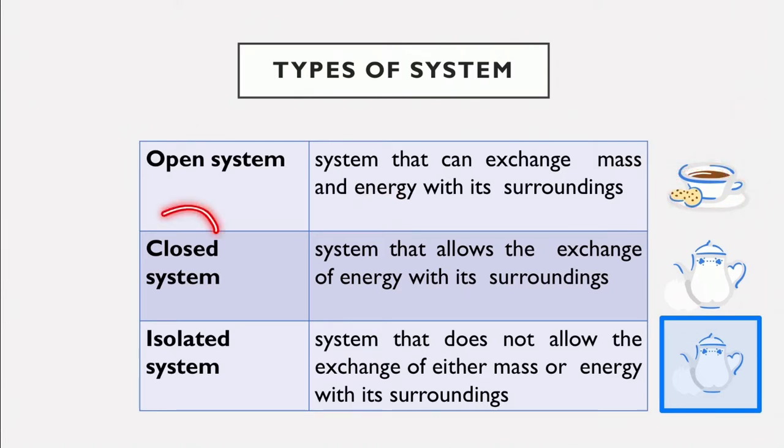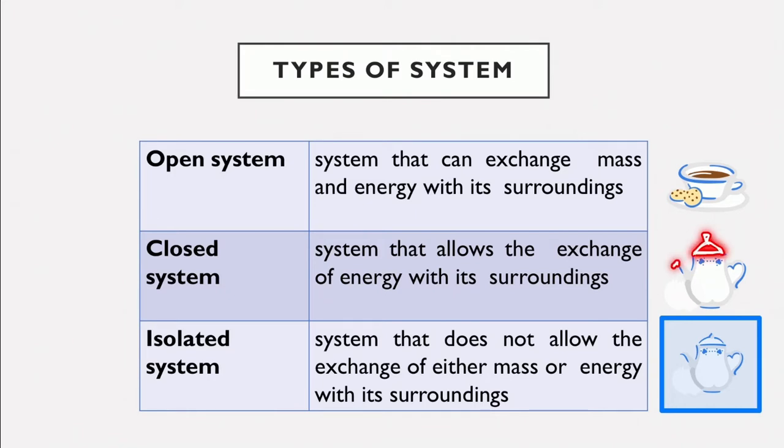A closed system is a system that allows the exchange of energy only with its surrounding. There is no exchange in mass like in an open system. Let's say we have a teapot here. This teapot is closed, right? We have hot tea in there, and we close the teapot.